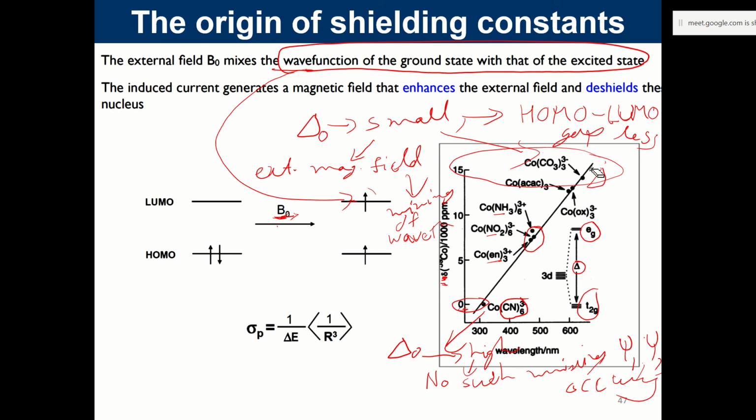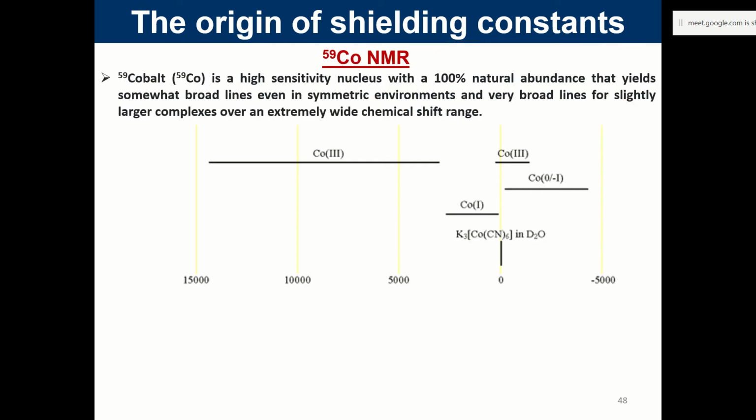Cobalt-59 is usually used for this kind of NMR in cobalt complexes. If you want to study this, you can use NMR to understand the magnetic environment in a cobalt complex. This is quite abundant.